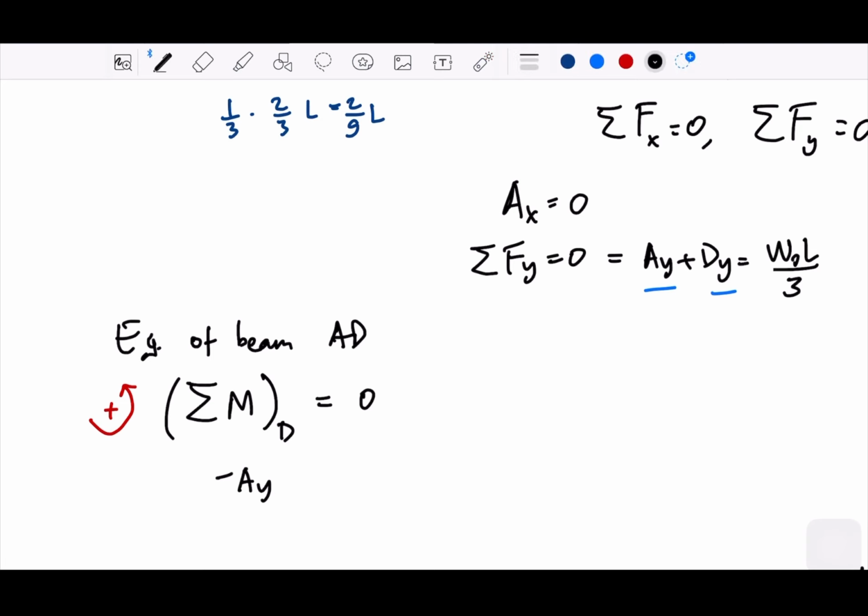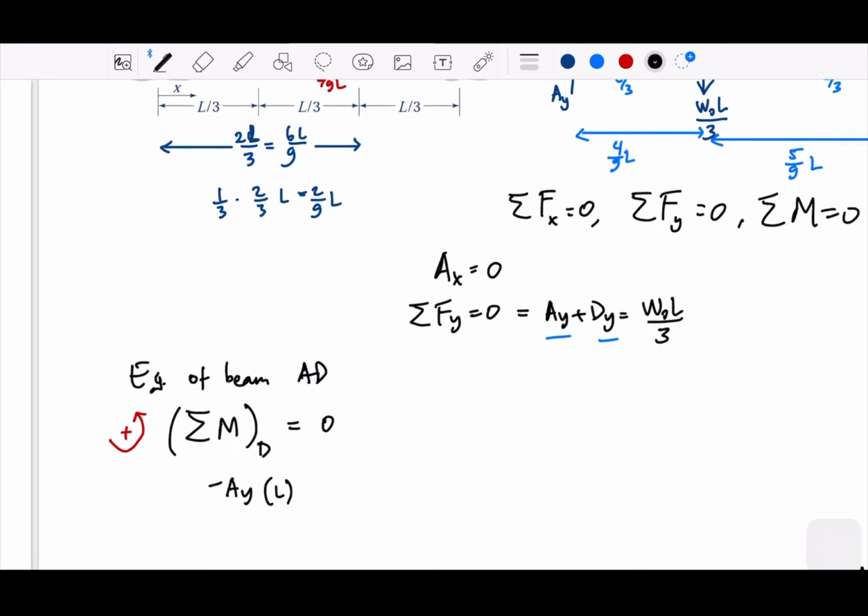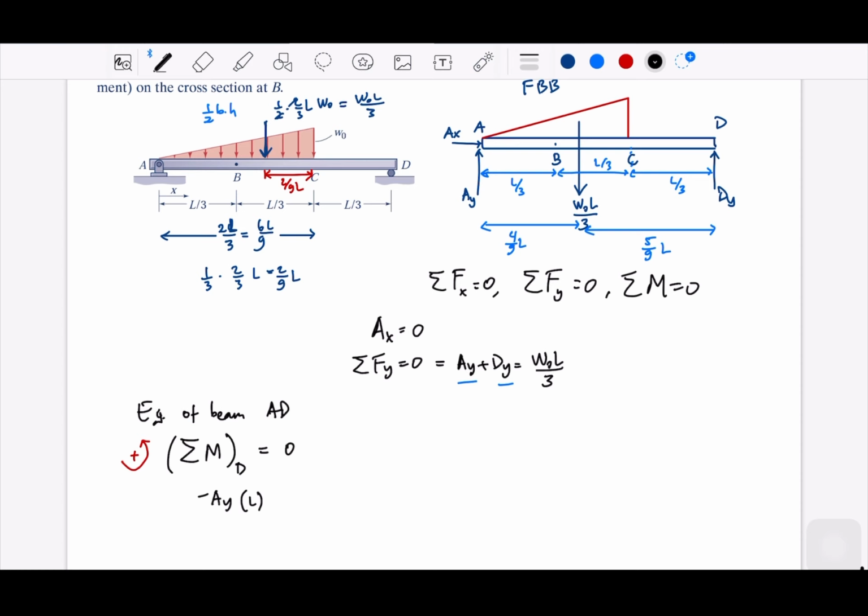So let's take this as minus Ay multiplied by L, and then the other part is positive, multiplied with 5 over 9L. It's equal to 0.